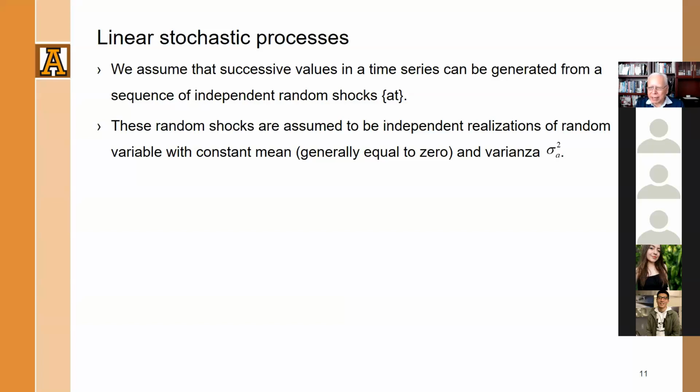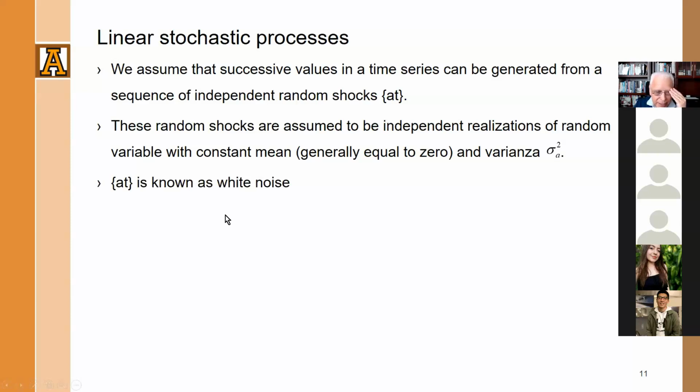They are identically distributed with constant mean, and the mean is actually going to be 0, and the variance is going to be sigma squared. It's constant variance. Variance doesn't change with time. That's an important assumption, that the variance of these random shocks is constant through time.